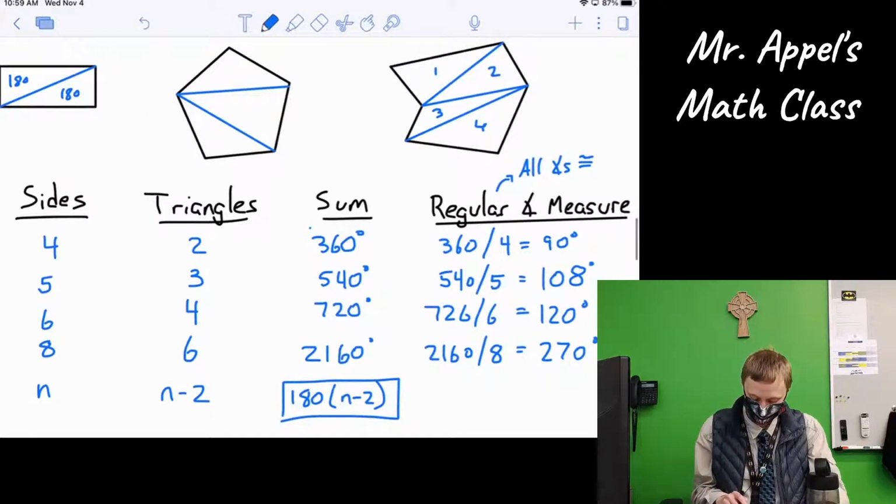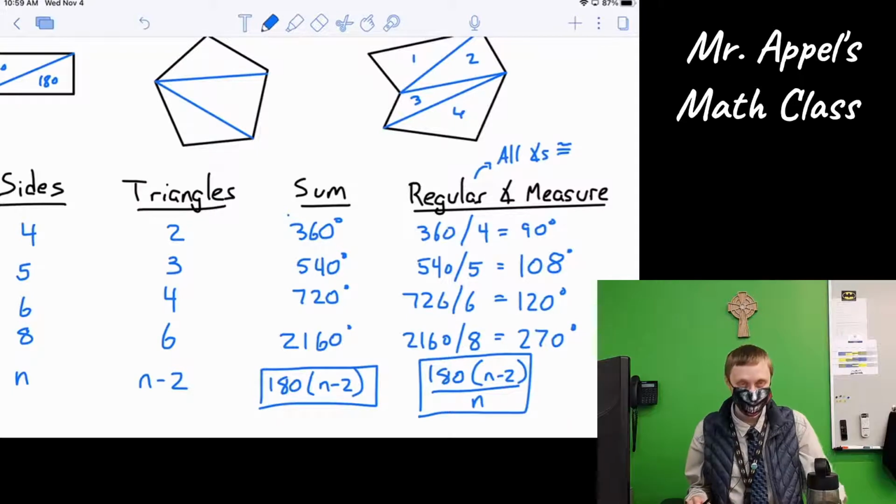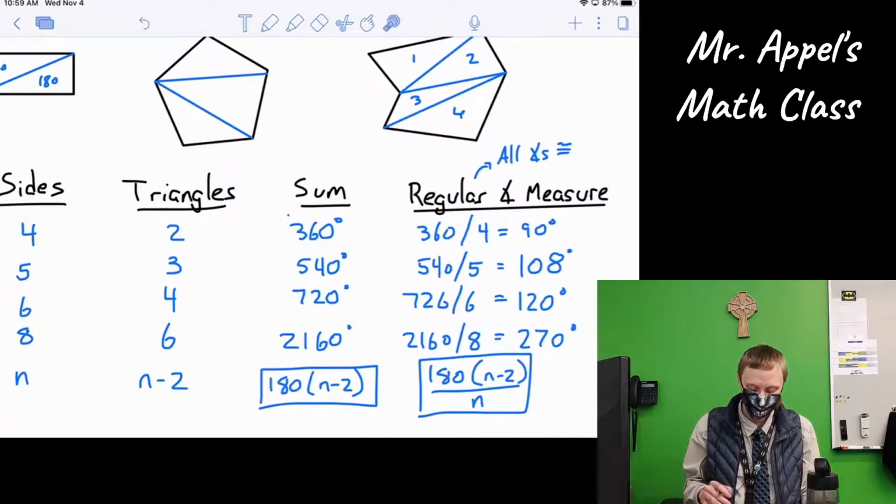Put a box around that. And then the measurement of each angle will be that divided by n. Put a box around that one. Those are good formulas to know. They can save you a lot of time.